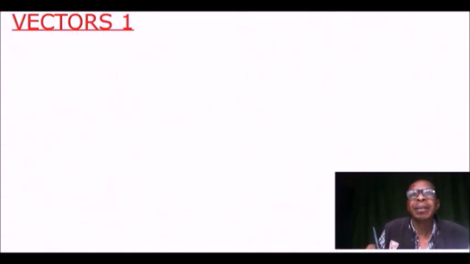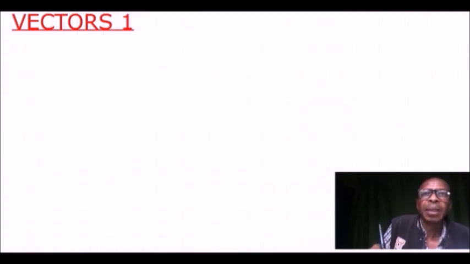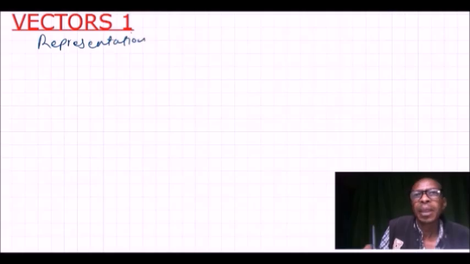Next, we look at representation of vector.